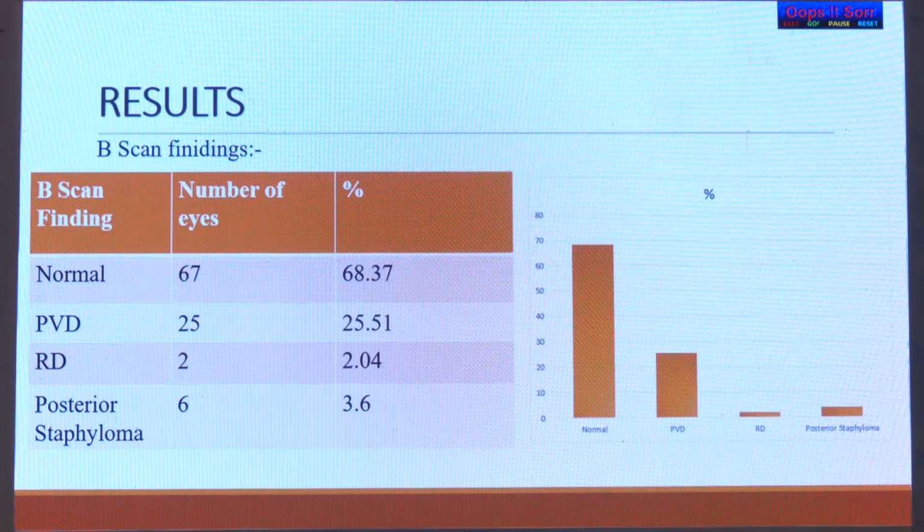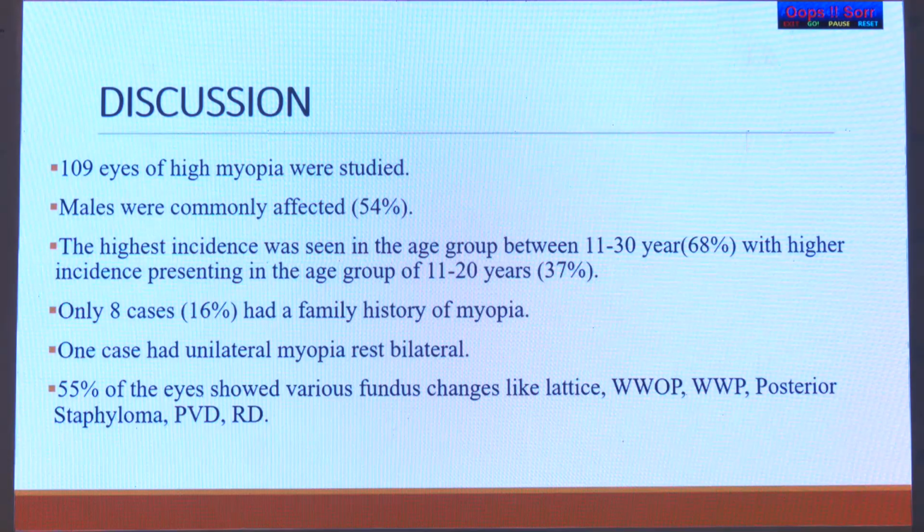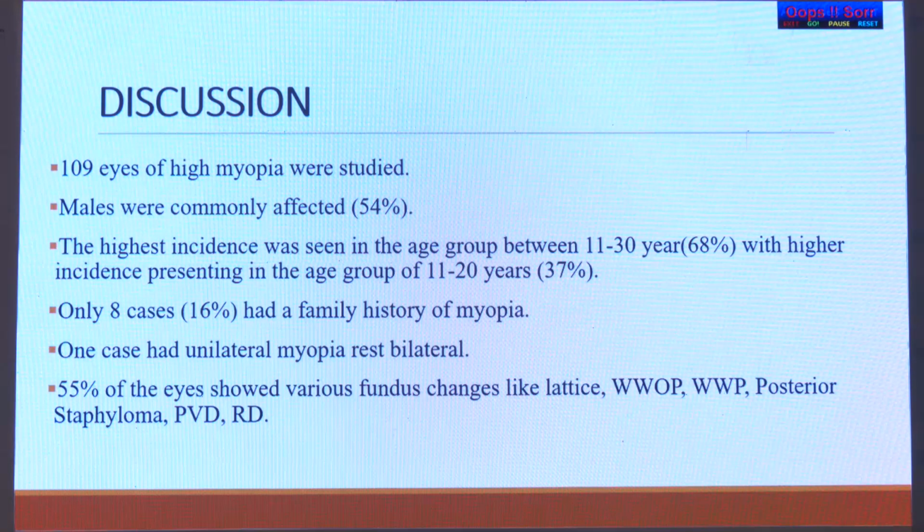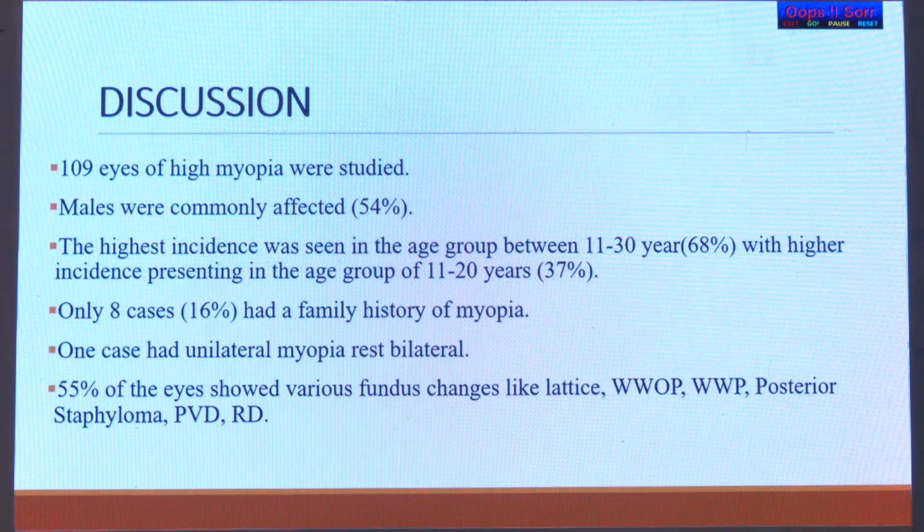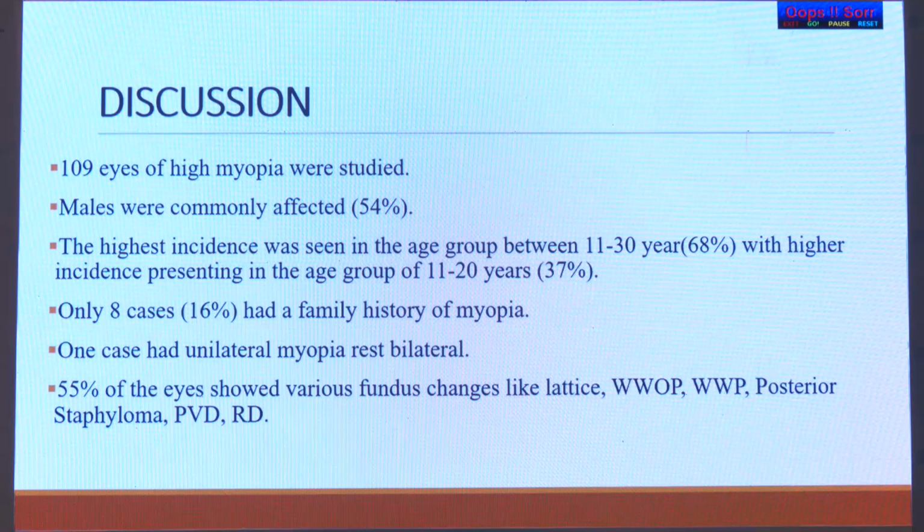which consist of 3.6%. And coming on to discussion, the males were commonly affected, 54%. The highest incidence was between 11 to 30 years with 68%. Only 8 cases were present with a family history of myopia, and only 1 case had unilateral myopia, the rest are bilateral. 55% of eyes show fundus changes like lattice, white without pressure or white with pressure, posterior staphylomas, PVD and RD.